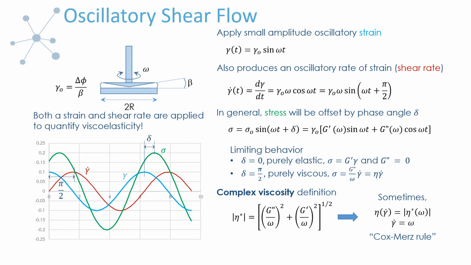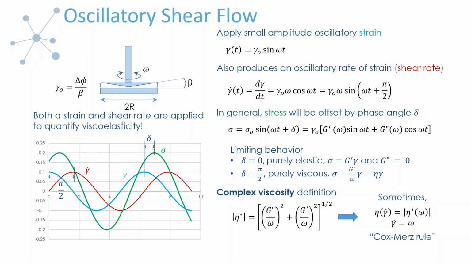So we're going to pick out both the elastic and the viscous characteristics with this type of flow field. That's why it's used. And what we see is the shear rate or rate of strain is a cosine, or basically it's pi over 2 radians out of phase with the strain.